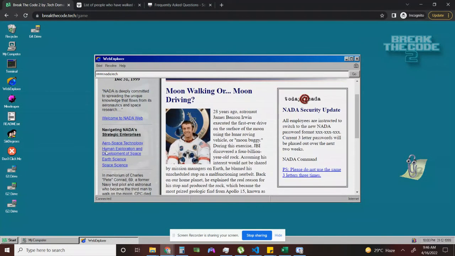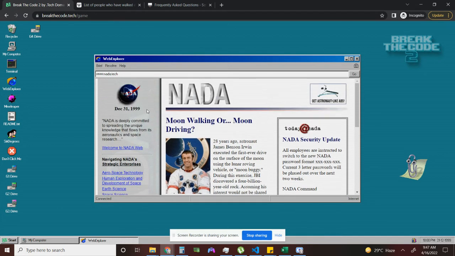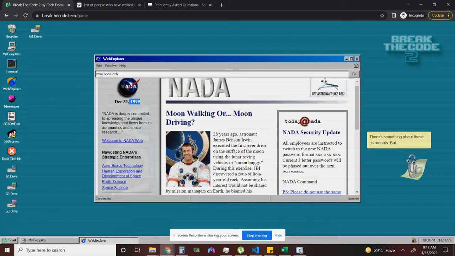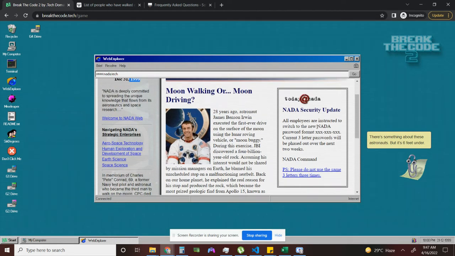It talked about an astronaut named Charles Pete Conrad, who I believe was the third man to walk on the moon, and he died on July the 8th of 1999. Now, these are all hints that we need to use in order to determine the password. And the security update tells us that the format of the password is 3 characters separated by dashes, and none of them can be repeated over and over again.